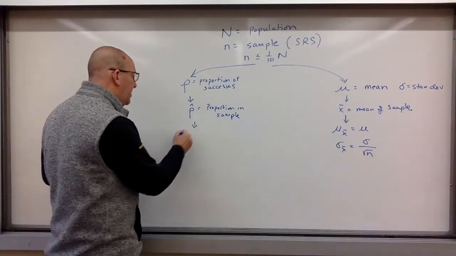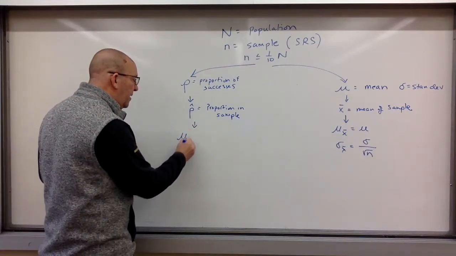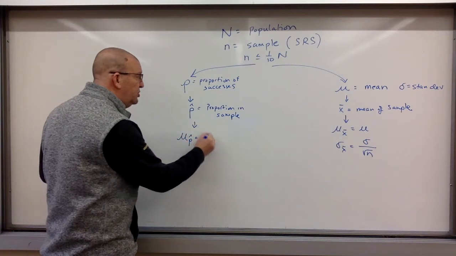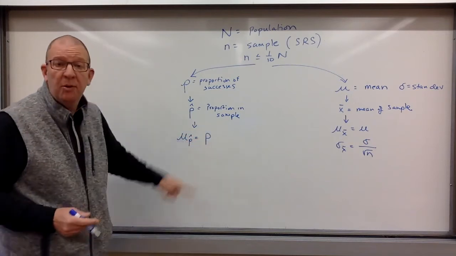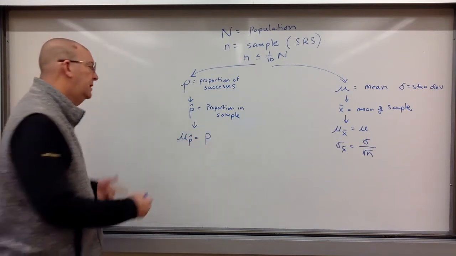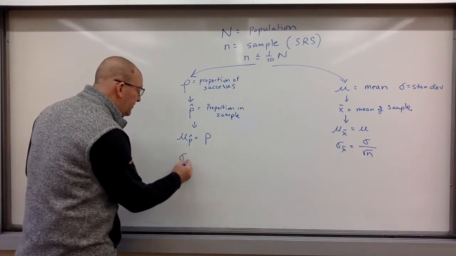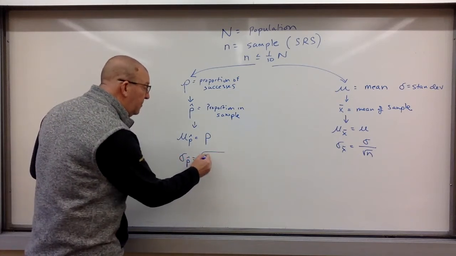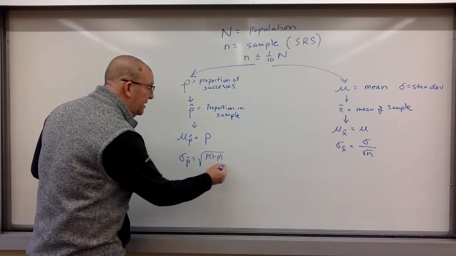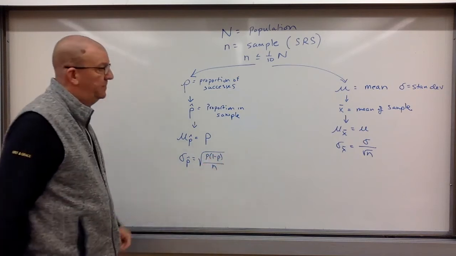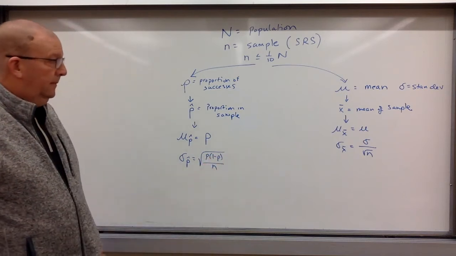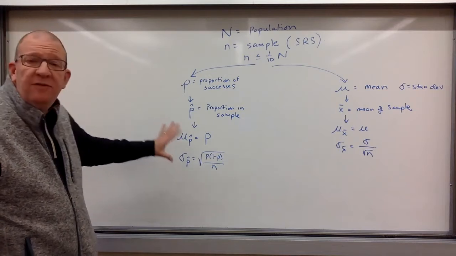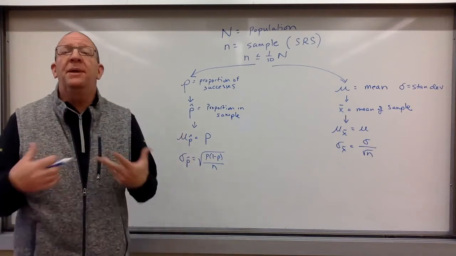And what should happen is that the mean of the sample proportions should end up being the true proportion of the population. The standard deviation of the sample proportions is going to be the square root of P(1 minus P) divided by n. Okay, so this is what's happening here. We're doing these repeated samples.